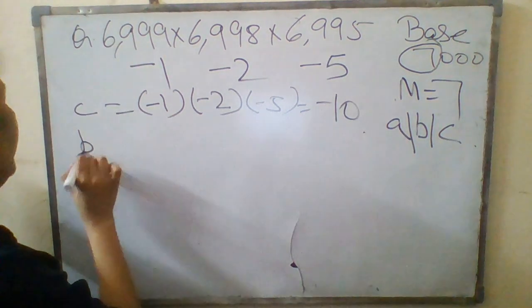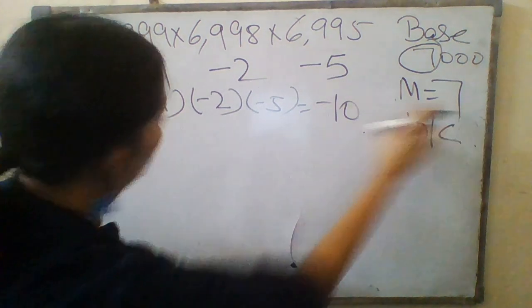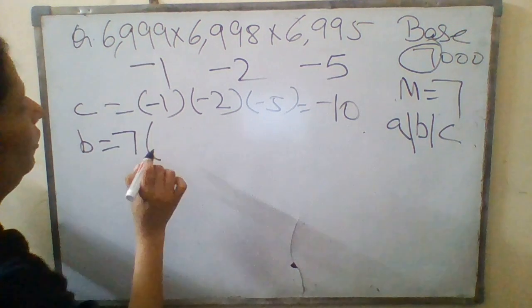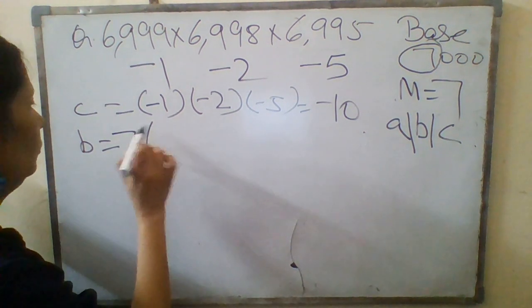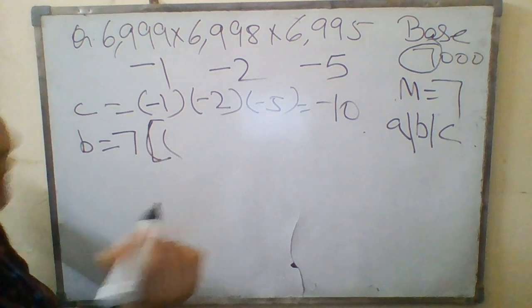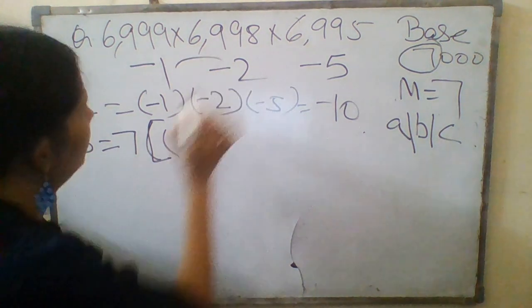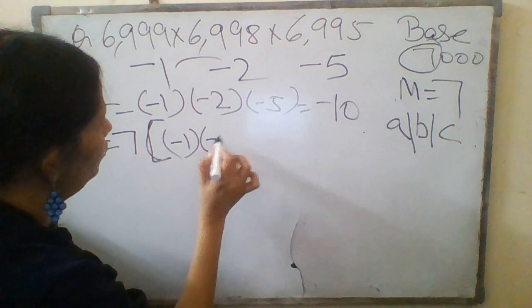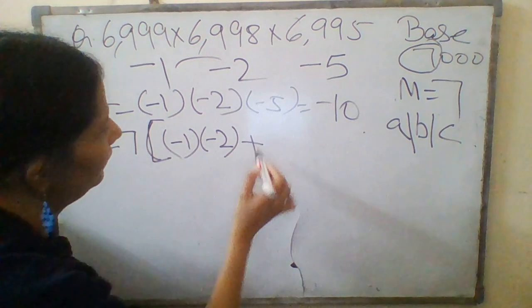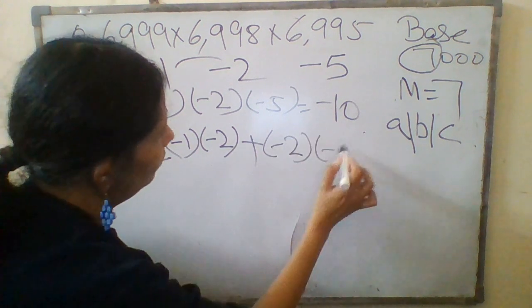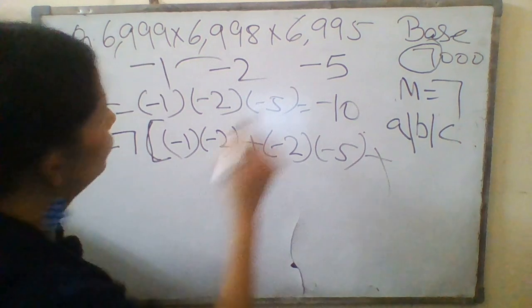Okay, now you have to find out the value of b. See, what is the multiplier here? 7. Now in the bracket, first what will you do here? Multiply two terms. What are the first two terms? Minus 1 into minus 2, then plus. What are the next two terms? Minus 2 into minus 5. Then what are the next two terms?